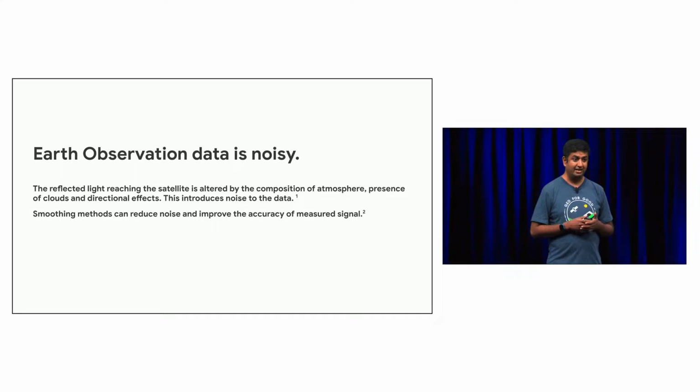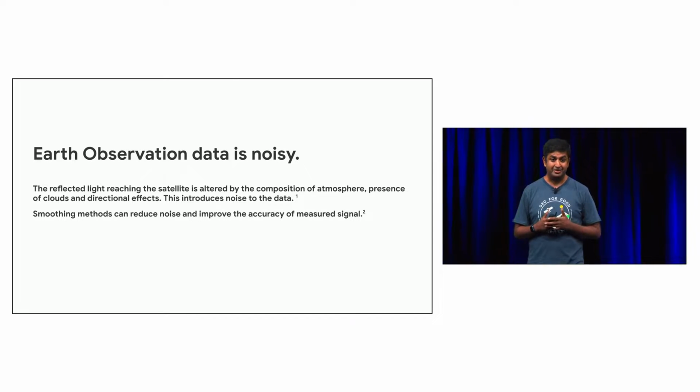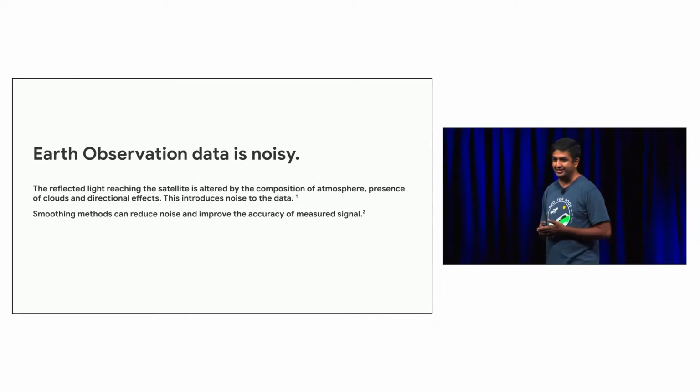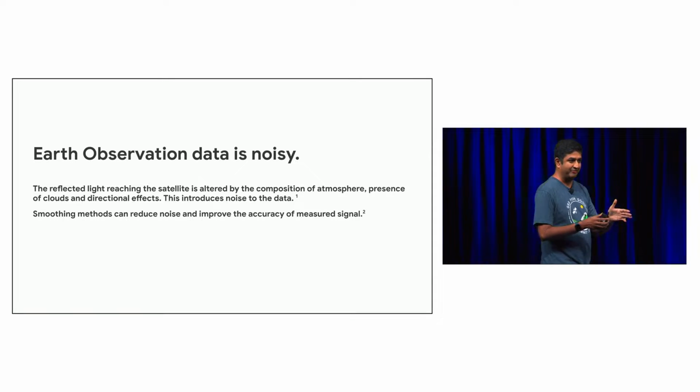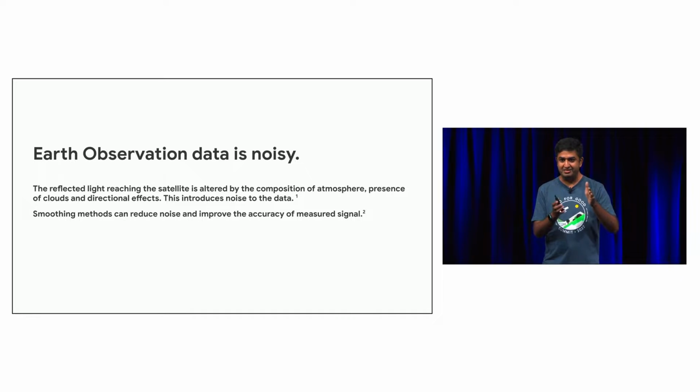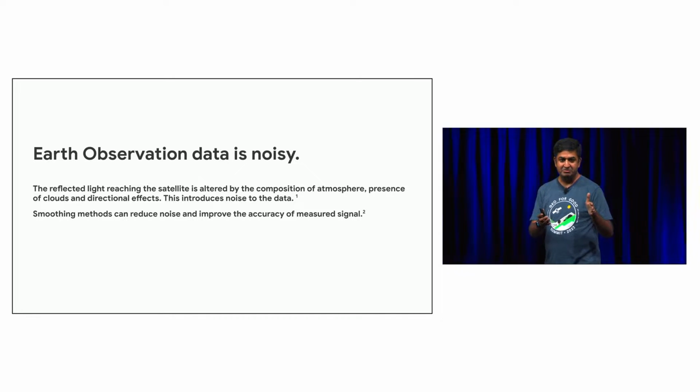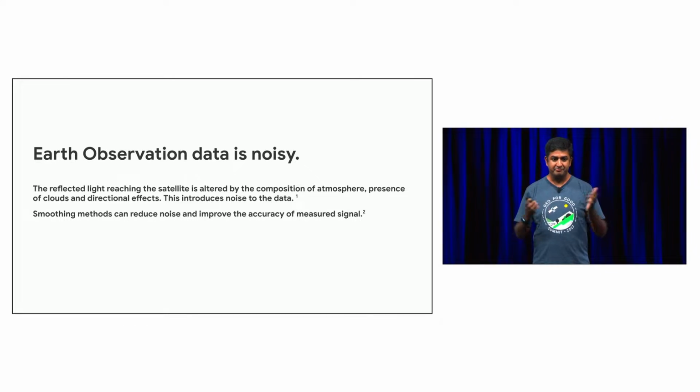So why do we do this? Because anybody who has ever worked with Earth observation data knows it's noisy. In an ideal world, if the same satellite imaged the same object on 2 different days, you'd have the same values, the same reflectances. But that's not true.